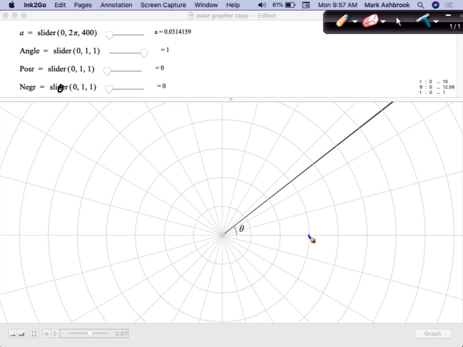Here's my circle of radius 3, from there to there. And I'm going to take that radius and lay it on the circle. I'm going to grab that length and lay that length on the circle.